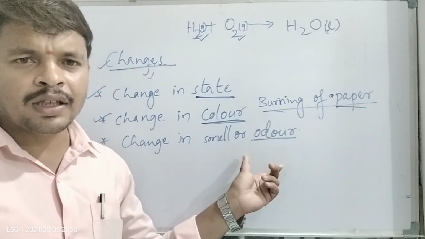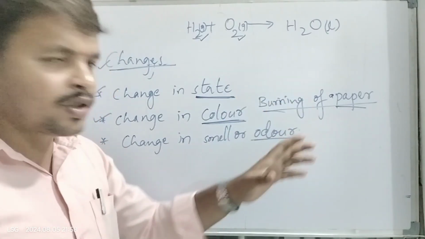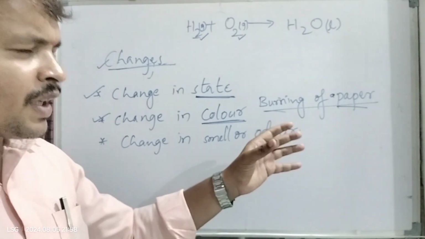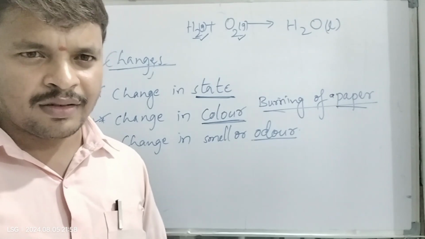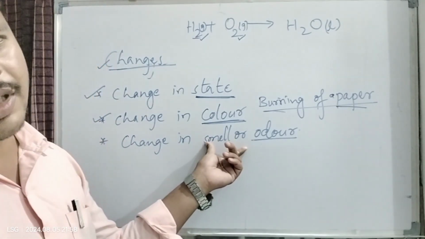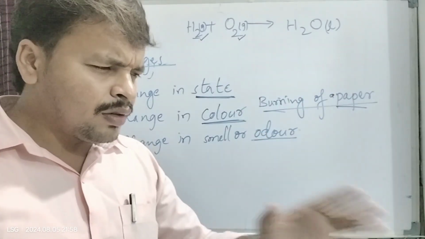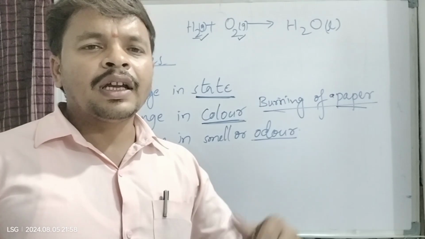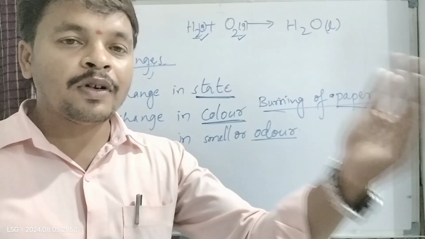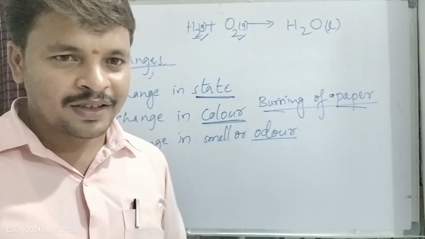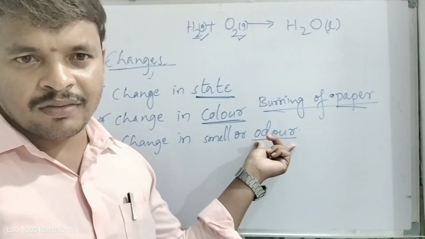Suppose when you are bursting a cracker, you might have observed that some gases are released which give a different smell after burning the cracker. That is an example of a chemical reaction where smell or odor is produced. Or while setting milk into curd, the milk smell was different, and after formation of curd, the curd smell is different. So here, during the chemical reaction, change in smell or odor takes place.